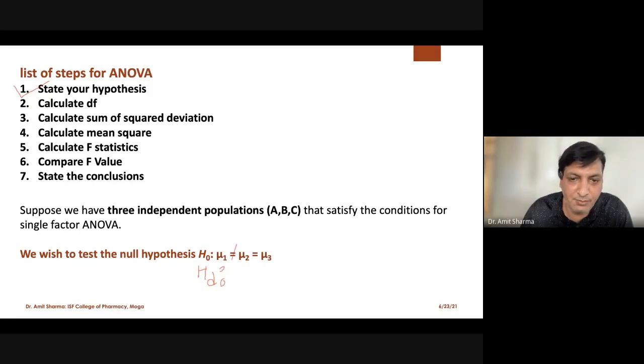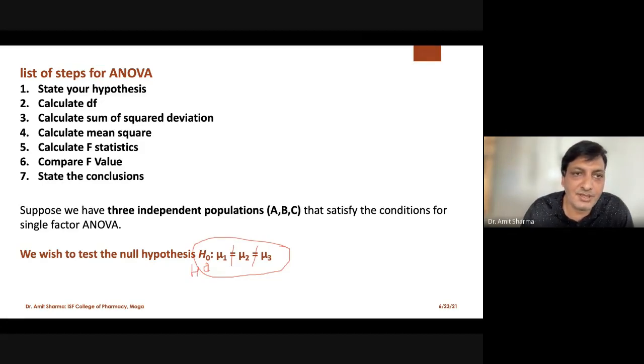And whenever you put a mark like this, it will be called the alternative hypothesis. What you want to do is reject the null hypothesis, that all groups are similar, and show that there is a difference between the groups. So whenever I cross this one, it will become HA.